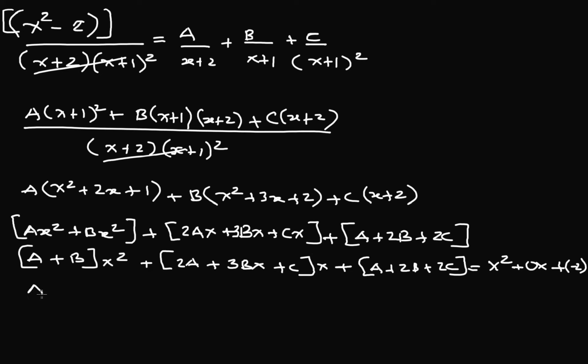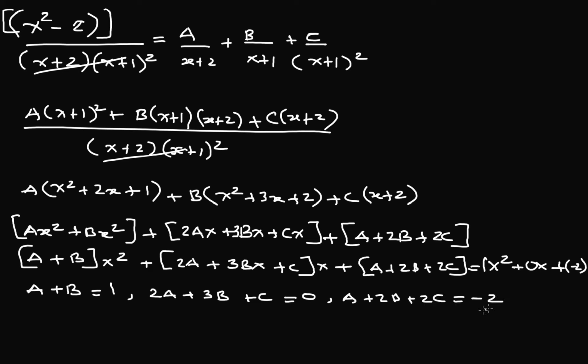So now we'll have three linear equations here. a plus b is going to be equal to the coefficient here, which is 1, then 2a plus 3b plus c equal to 0. Then we'll have the last portion, a plus 2b plus 2c equal to minus 2.